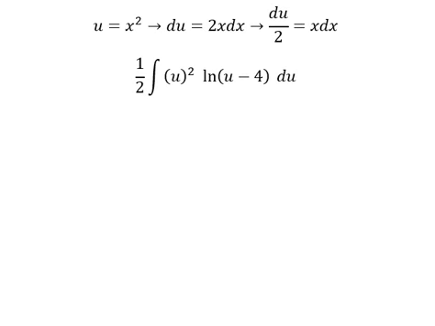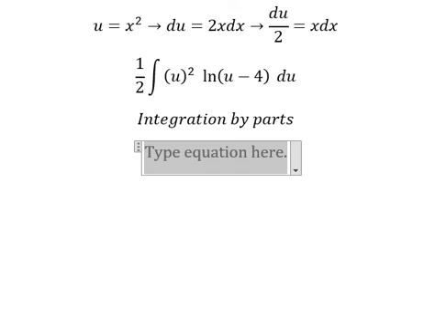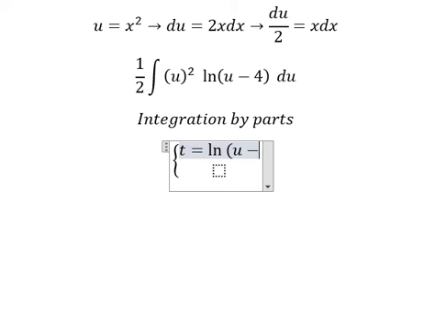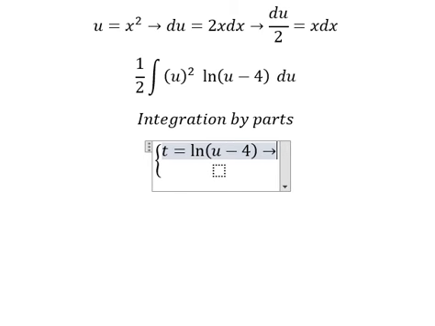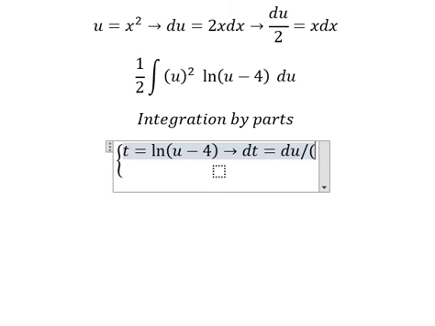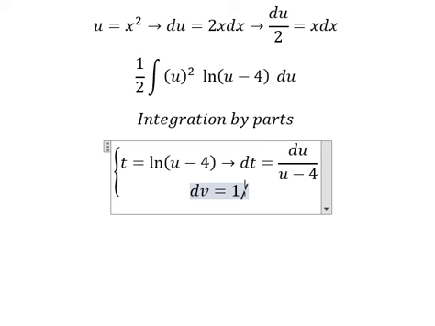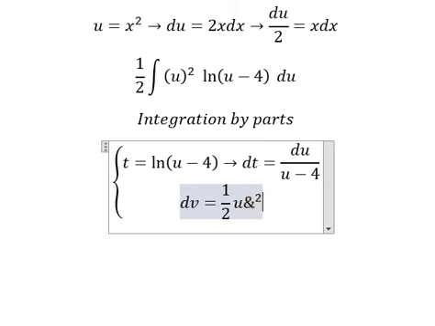Next, we need to use integration by parts. So I will put t equals ln of (u minus 4). Later we do the first derivative for both sides. dv we have 1 over 2 u squared du.